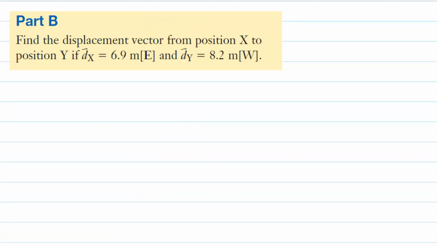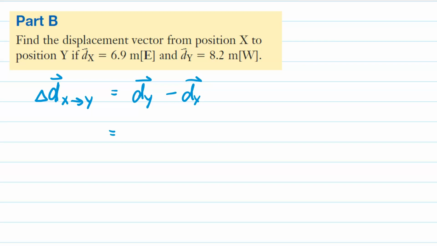For part B, we're going east and west, and it asks for the displacement from X to Y. Final minus initial position means we're going to subtract position X from position Y. Position Y is our final position, position X is our initial position.